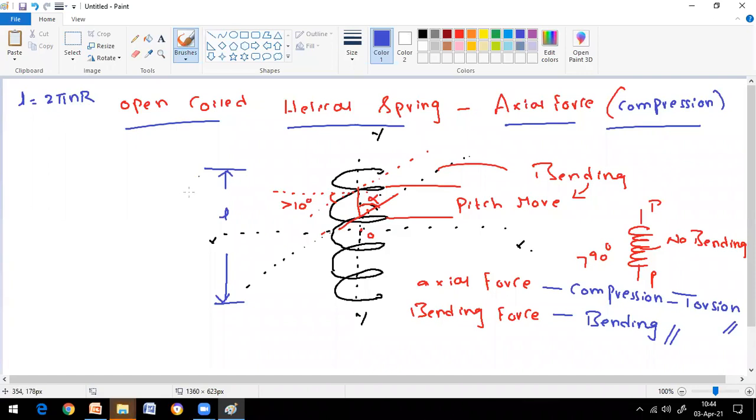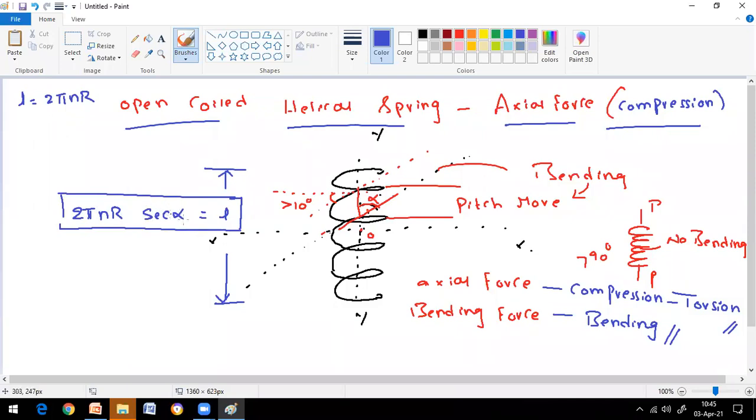Then what will be the L here? Will it be the same 2 pi nr? No, it is not just 2 pi nr, it is 2 pi nr secant alpha. Very, very important for competitive exams. Please remember this: 2 pi nr secant alpha.